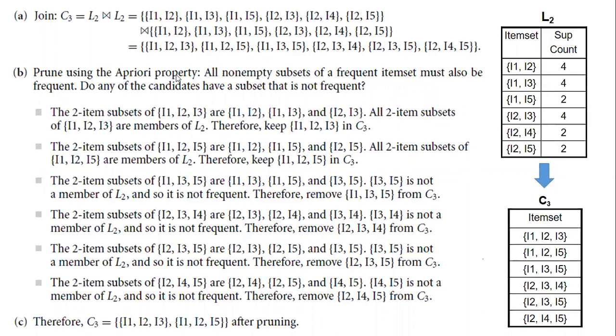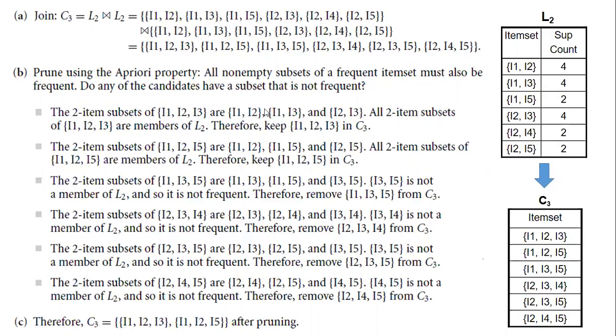So prune using the a priori property. All non-empty subsets of a frequent item set must also be frequent. So do any candidates have a subset that is not frequent? We have to check. Let us take the first one, I1, I2, I3. What are the subsets of I1, I2, I3? That is I1, I2, I1, I3, I2, I3.